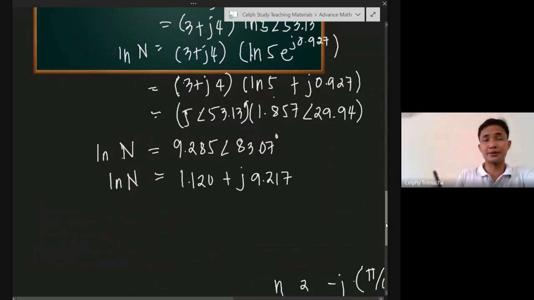So here we perform the anti-log, or e raised to the power of, on both sides of the equation.